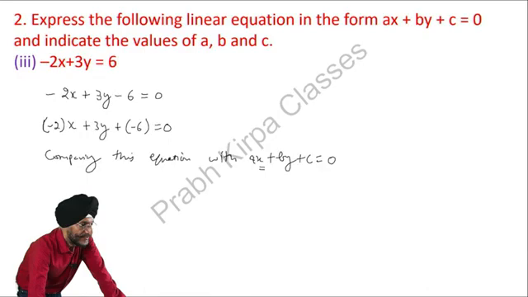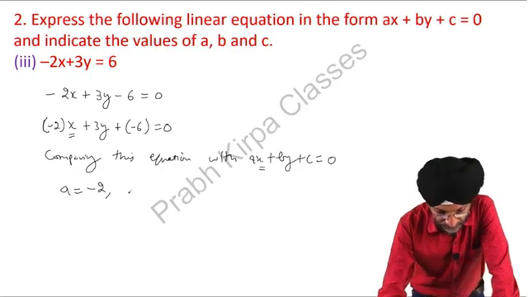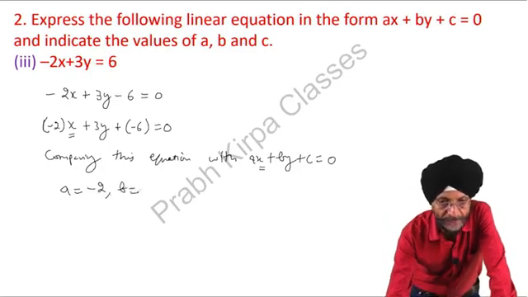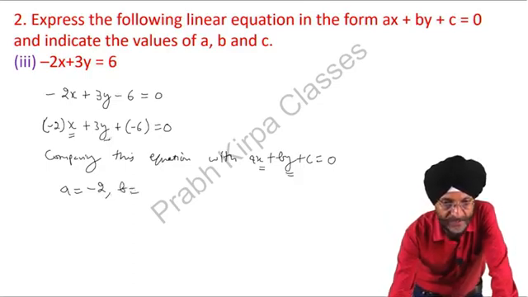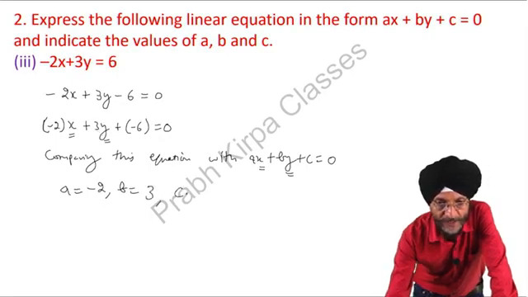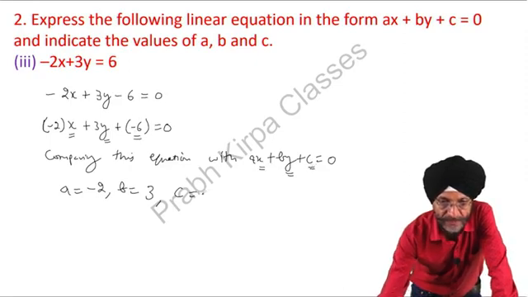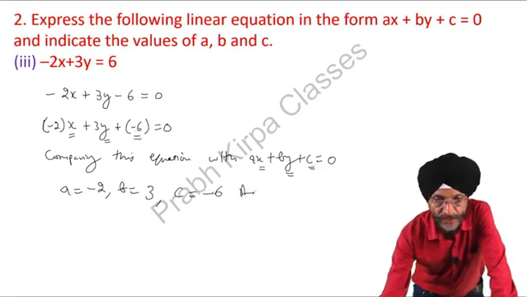So now x is here. Now the coefficient a is minus 2. So now what is b? y is here. What is the coefficient? This is 3. What is c? C is this, here it is. C is minus 6. So here is the answer.